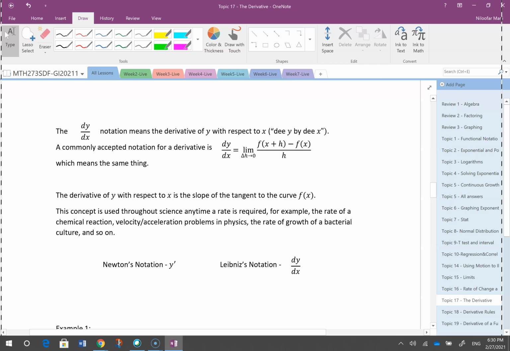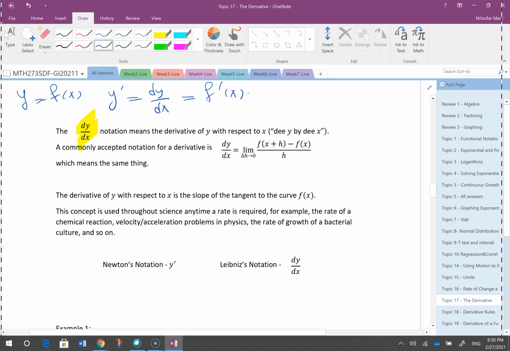Some books use this notation, dy by dx, dy over dx. We don't call it divided. I always call it y prime. So we can say y is f of x, and the derivative is y prime, or dy by dx, dy over dx, or f prime of x.